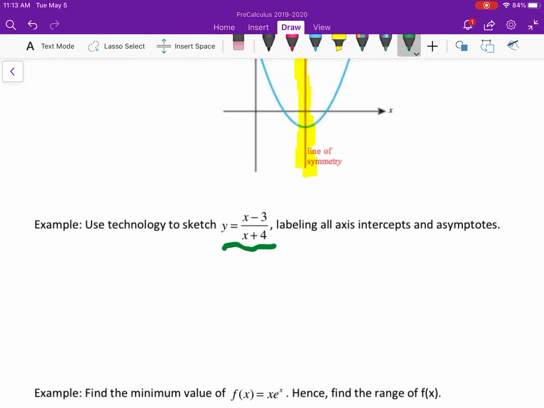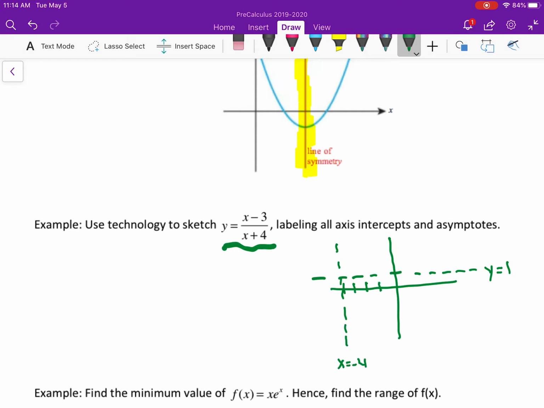And we're going to come back, and I'm just going to kind of sketch that in here for you. And remembering from our section on rational functions, x equals -4, and then y equals 1. Those are our asymptotes, okay?